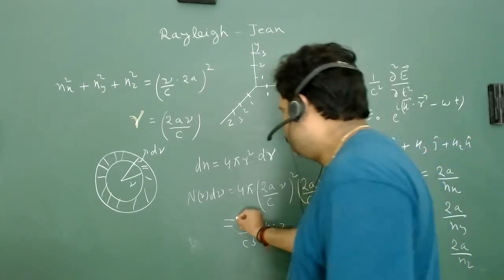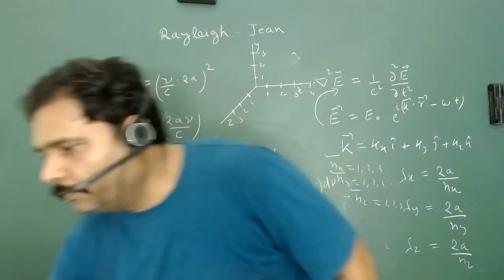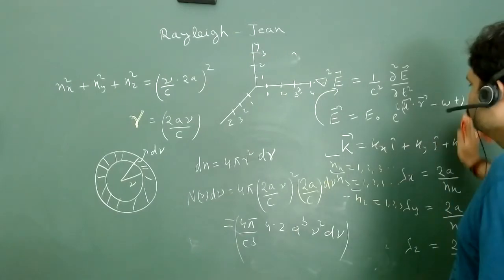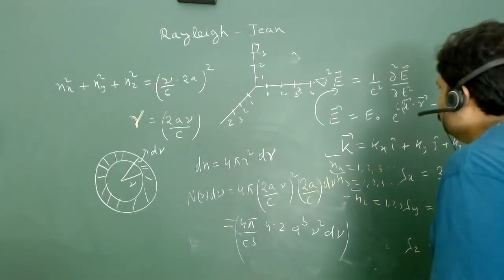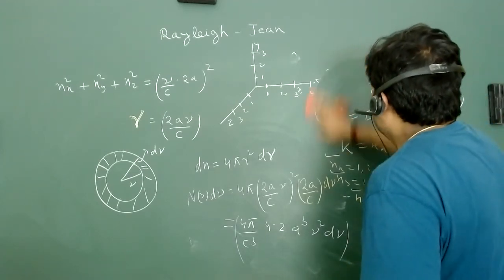So hence nx, ny, nz are the positive numbers. So we can use here, we are just going to use all, removing all this part.